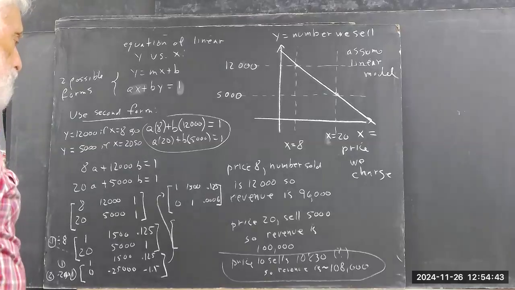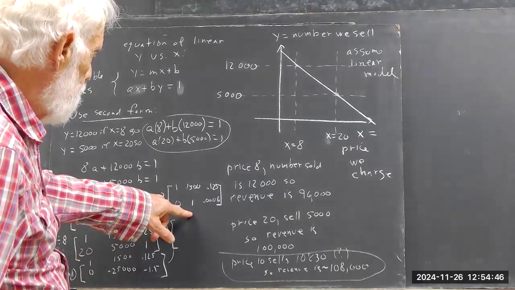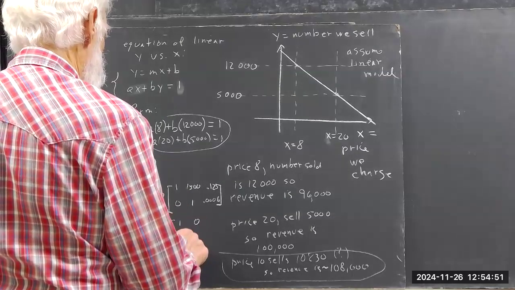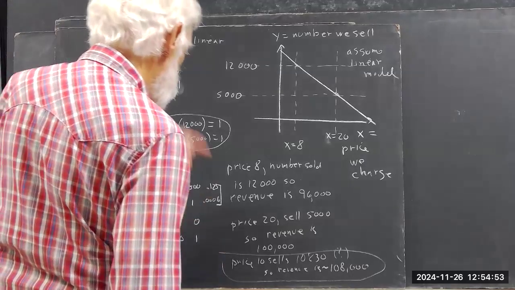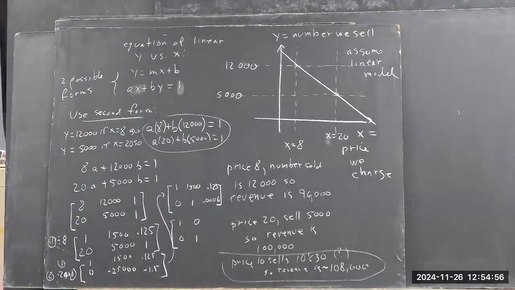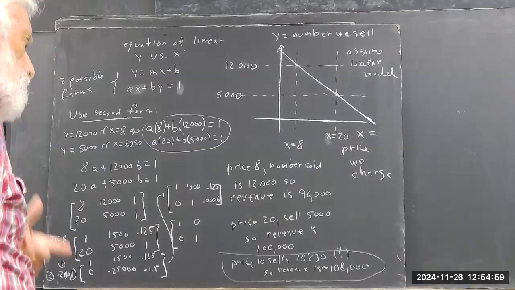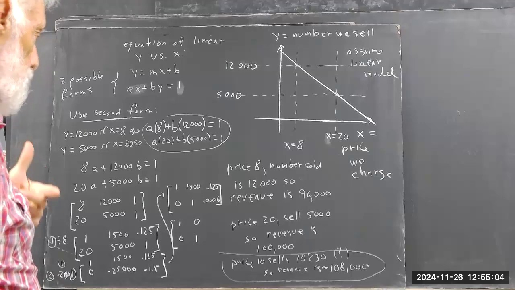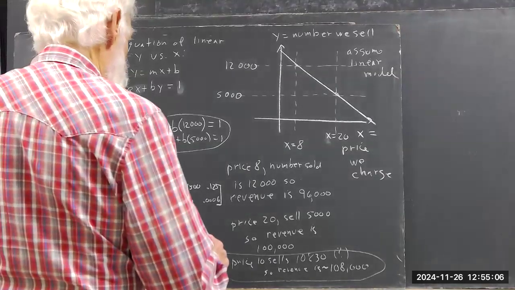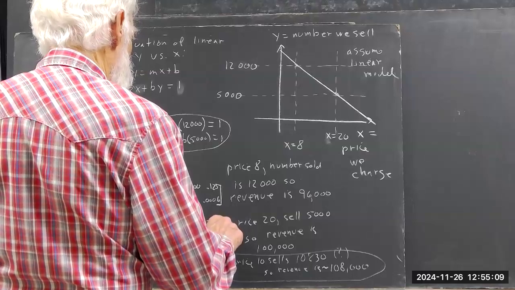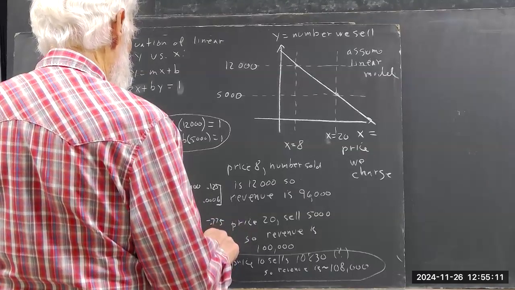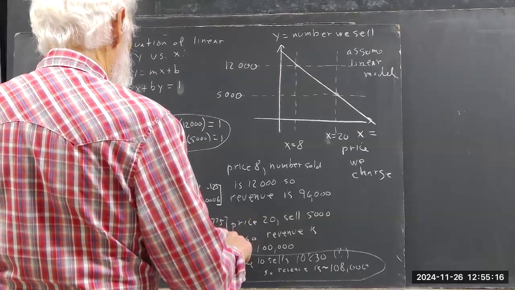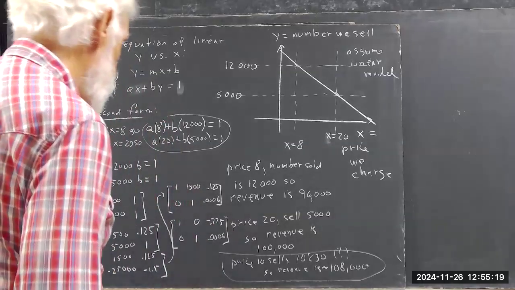But then I do 1,500 times this equation and subtract it from this one. So I'm going to get 1, 0, 0, 1, and 1,500 times 0.00006 is about 0.09, and I'm going to get negative 0.775 and 0.00006.